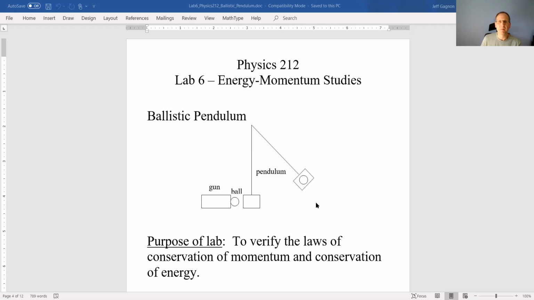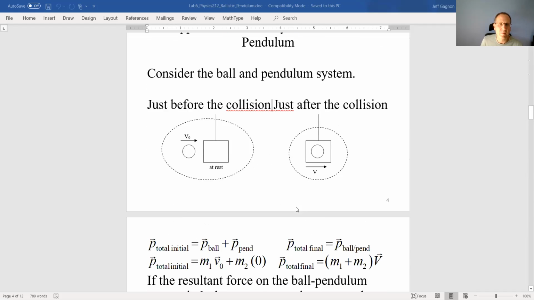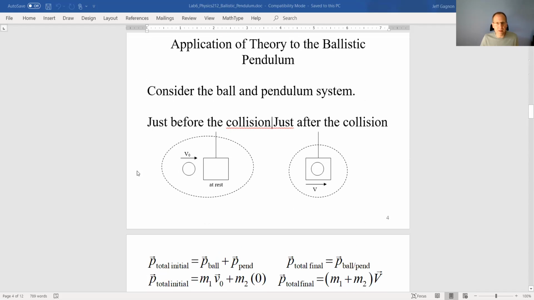They sum to zero. So right during the collision, before and after the collision, we can say that the total momentum of that system of the ball and the pendulum is conserved. Actually, that's better seen in this picture right here. So this is our system. Again, the ball will apply a force to the pendulum, and the pendulum will apply a force back to the ball, but that's internal to the system. They sum to zero.